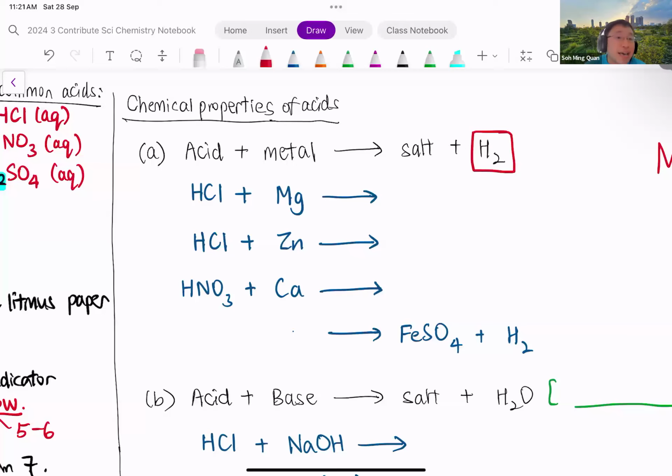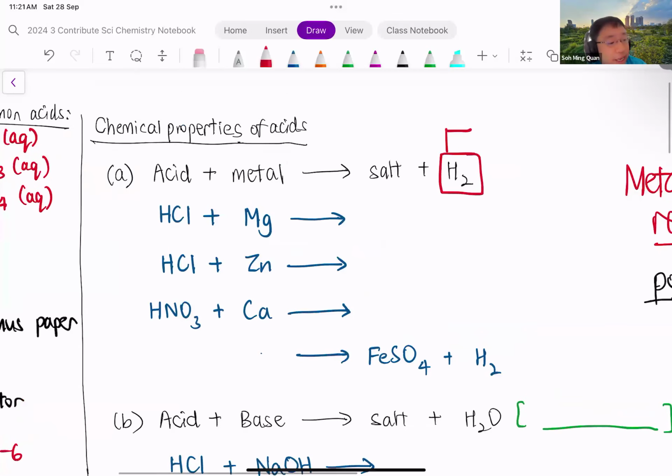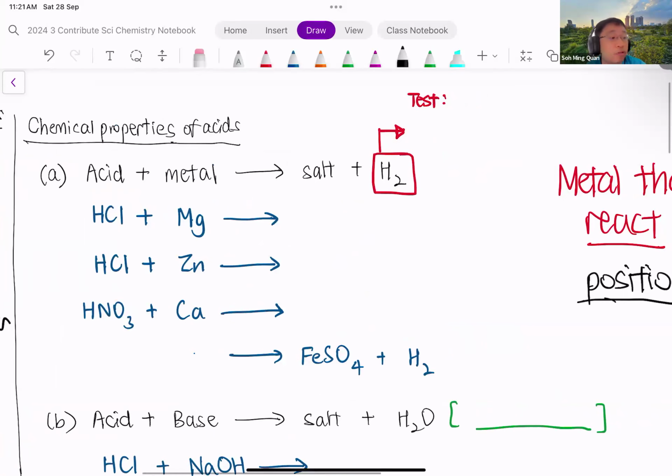Okay, so whenever a gas is formed, it is important to know the test for the gas. So for instance, how would you test for hydrogen gas? In this case, we have gone through this in class. The test for hydrogen gas, let's take it down once more, is to insert a lighted splint into the test tube or boiling tube where the reaction is taking place.